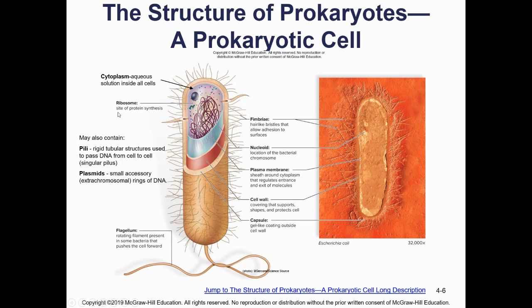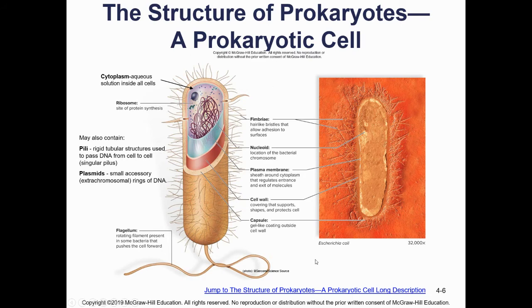Enzymes are my class of proteins that are used in metabolism to make sure that chemical reactions happen at the rate that I need them to sustain life. So I need to be constantly building those proteins, those enzymes. So these are really important. We find them in all cells. So all cells have cytoplasm, ribosomes, DNA, and a plasma membrane.